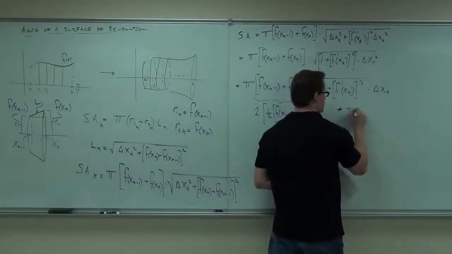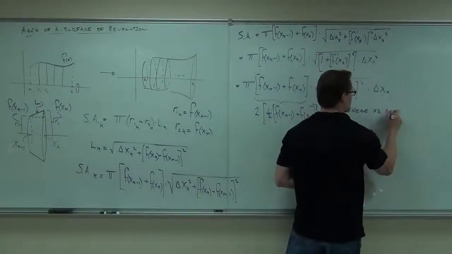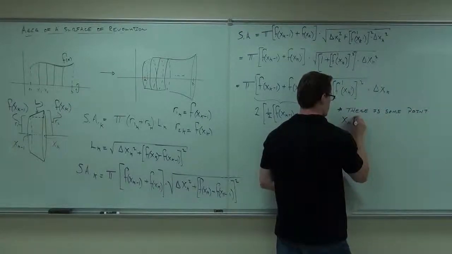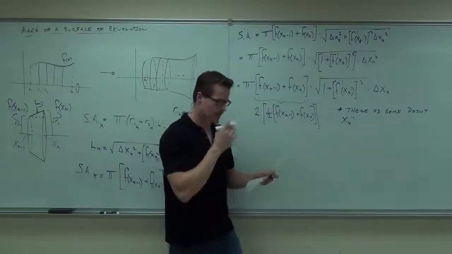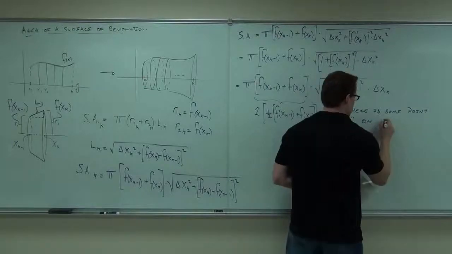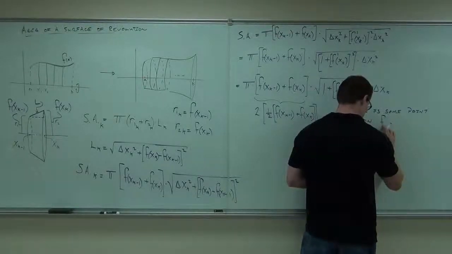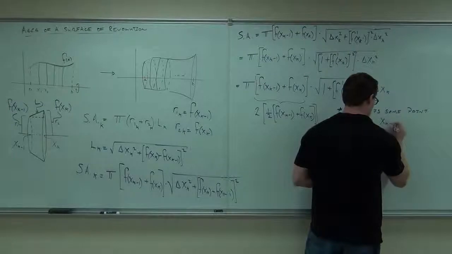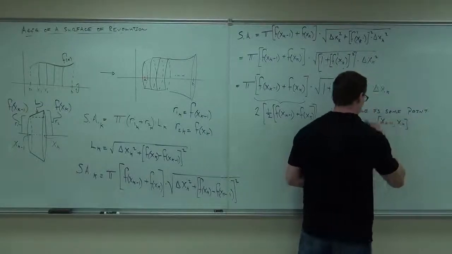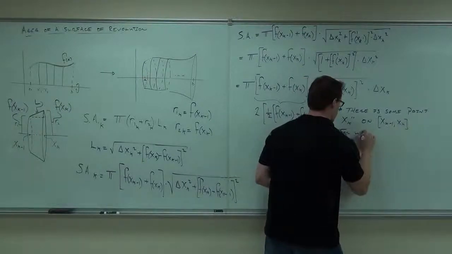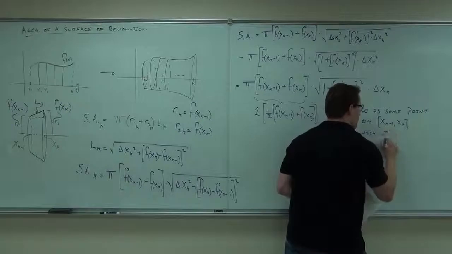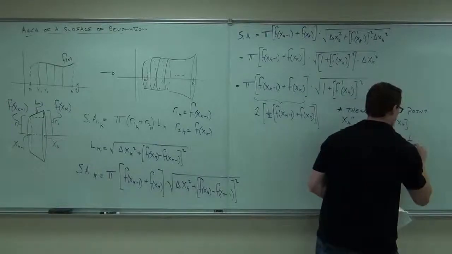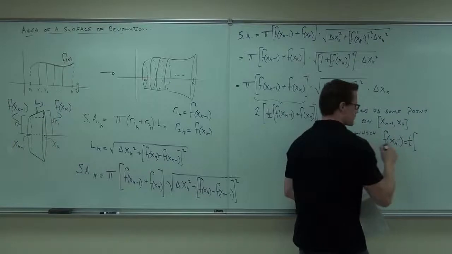There is some point xk dot dot on this interval for which f of xk double dot equals 1/2, equals the average, basically, the average height.